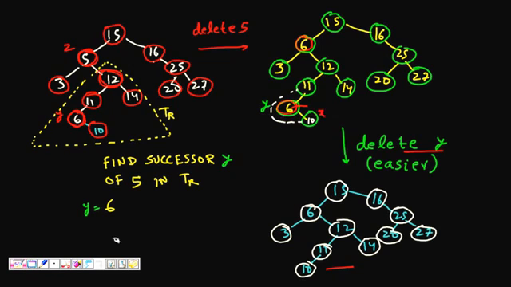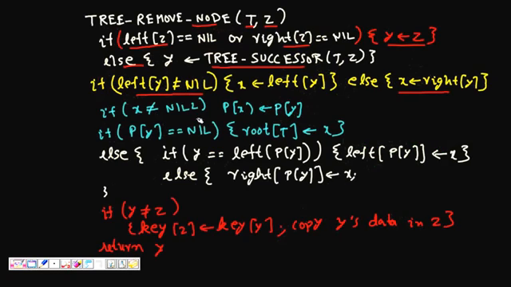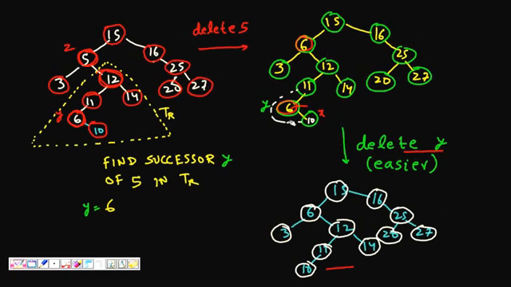So x now points here. Then, if x is not null, parent of x is set to parent of y. Here x is not null, and parent of x now becomes parent of y. So x is now getting connected like this, 10 is getting connected to 11, and we also have to make 10 the left child of 11.